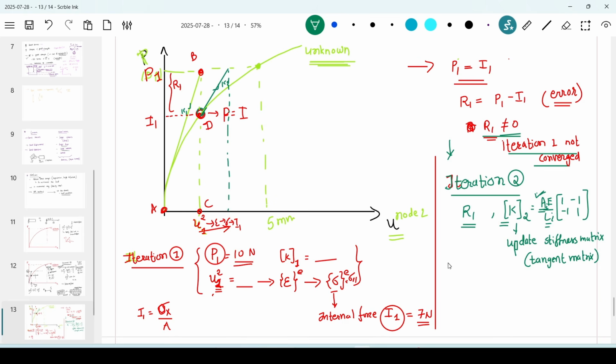Now here what it will solve, K iteration 2 times u for iteration 2 is equal to, can you tell me what is the right side term?